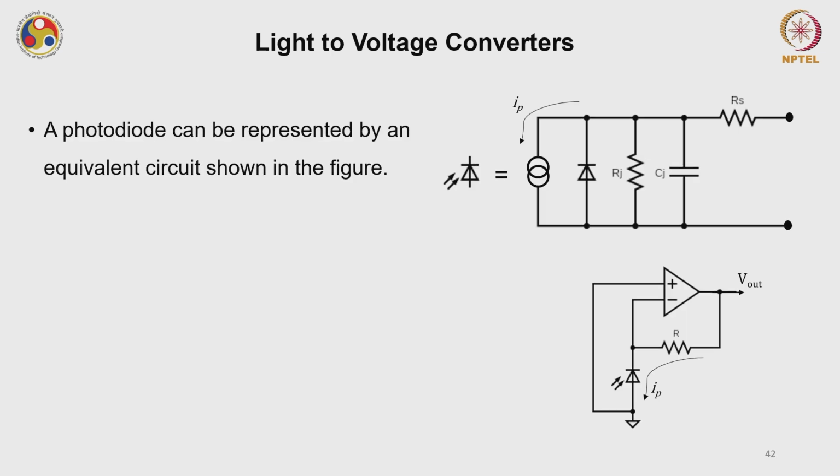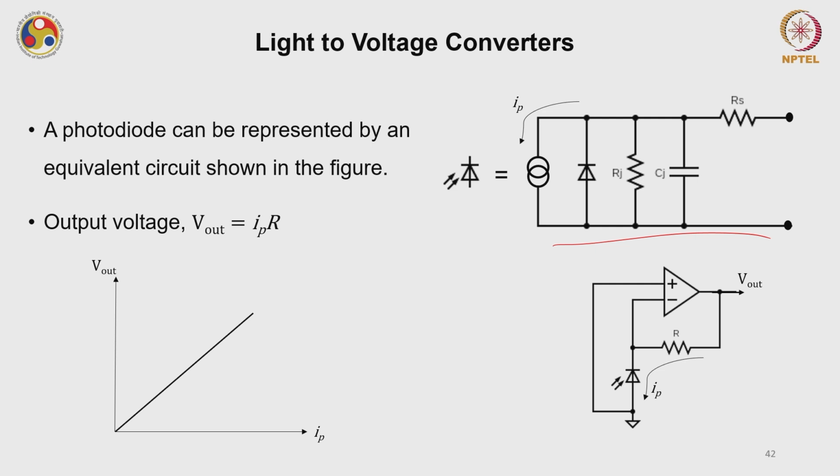So a photodiode, for example, can be represented by an equivalent circuit which is shown over here. In that case the output voltage can be given as IP into R, where IP is the current flowing through this photodiode. Similarly you can have other equivalent circuits for photoresistors as well as for phototransistors.